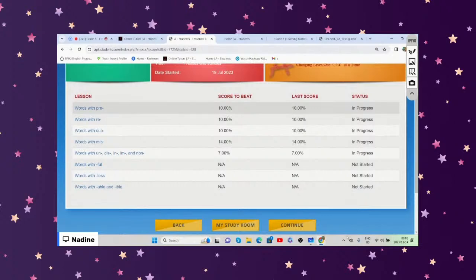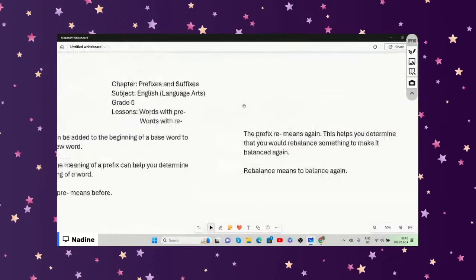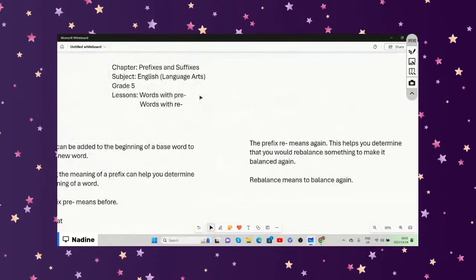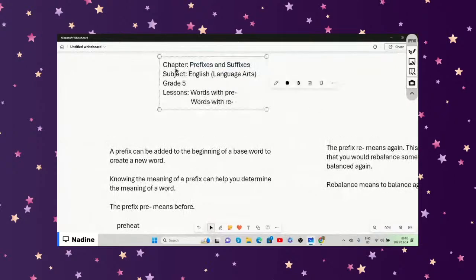All right, so now we're going to start with our lesson on prefixes and suffixes. Our chapter is prefixes and suffixes.